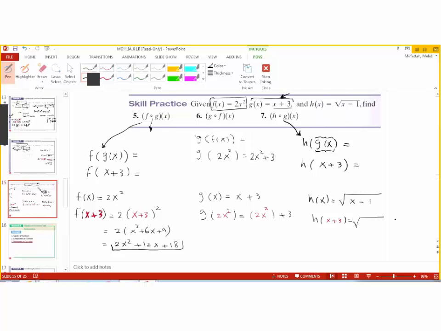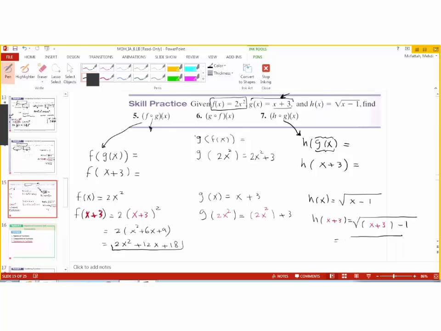Okay, then go on. We substitute what G is. So it's the square root of X plus 3, close parentheses, minus 1. Very good.